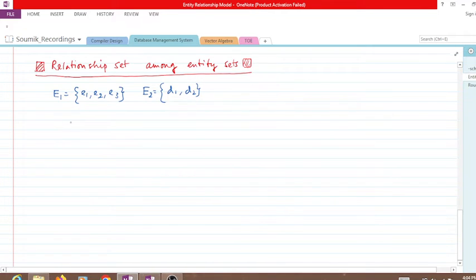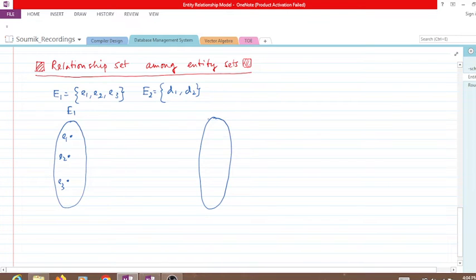So I can draw this in this way also. Suppose this is my E1 entity set and this is the E1 entity, this is E2 entity and this is E3 entity, and there is my E2 entity set and the elements are D1 entity and D2 entity.